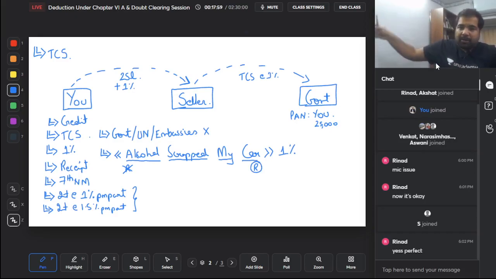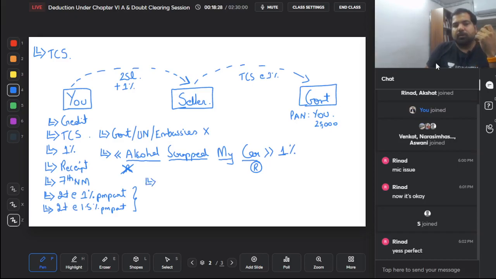So when a manufacturer sells it to an agent who sells it to the shopkeeper, will there be TCS? Yes, for alcohol. But for the car it's the opposite. When the manufacturer sells it to the agent who sells it to the dealer, no TCS. Only on the retail there is TCS. So these are both extremes: not on retail level, only on retail level. That is alcohol, scrap, minerals, car. 1%, yes, 1%.